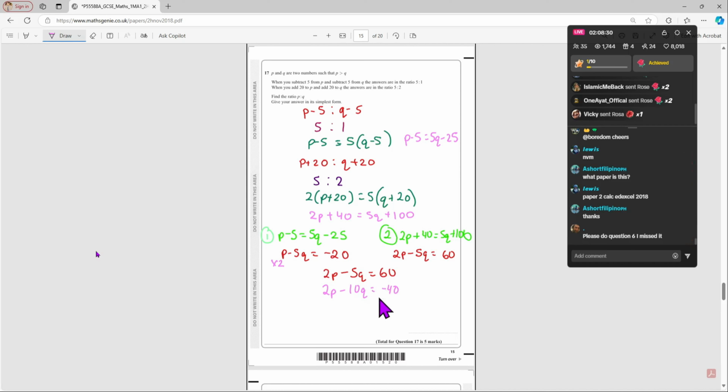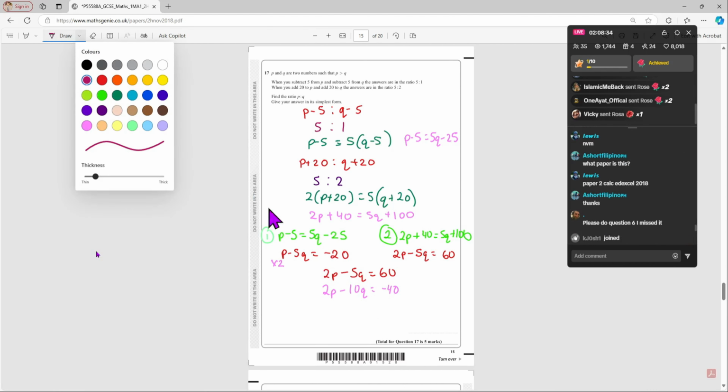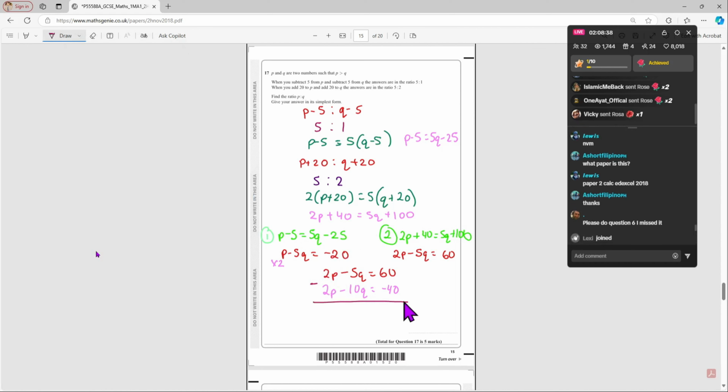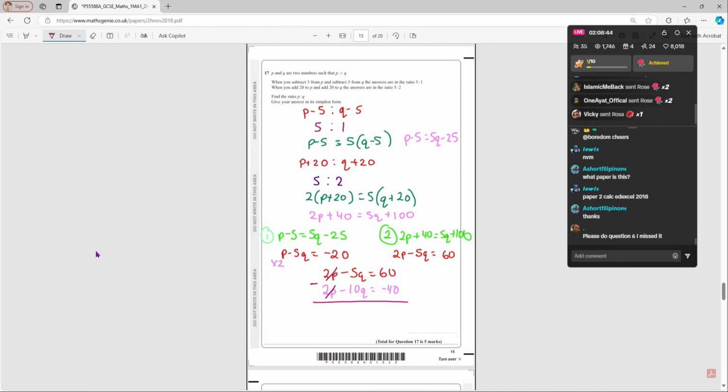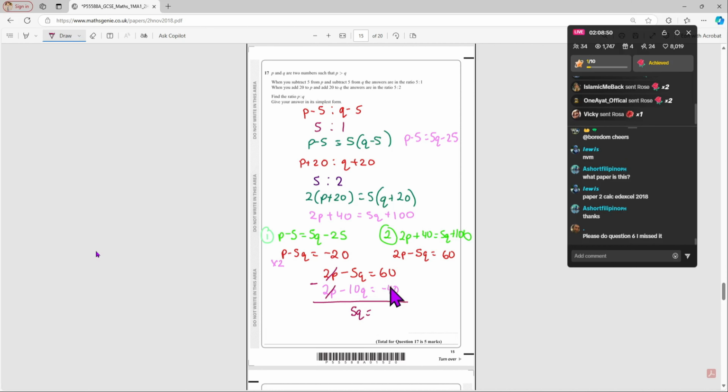Now we're going to subtract our two equations, so the 2P terms are going to cancel each other out. Minus 5Q minus minus 10Q gives us 5Q is equal to 60 plus 40, which would be 100. And then we know that Q is equal to 20.